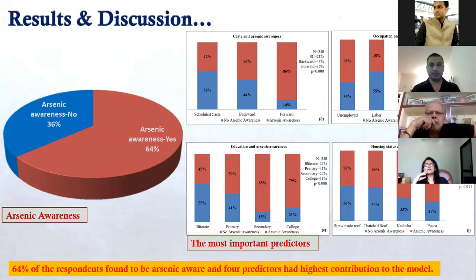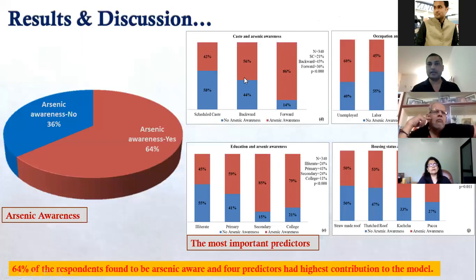If you dissect each caste, within forward caste, 86% of respondents were arsenic aware. And in backward caste, 56% of respondents were arsenic aware. You can see in scheduled caste, there was less arsenic awareness.